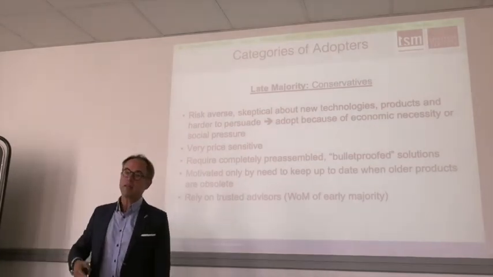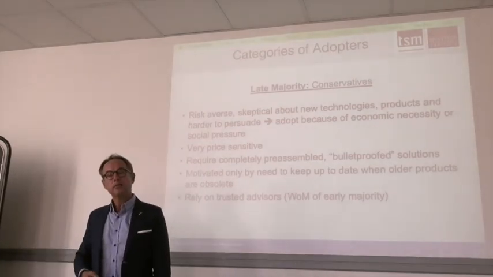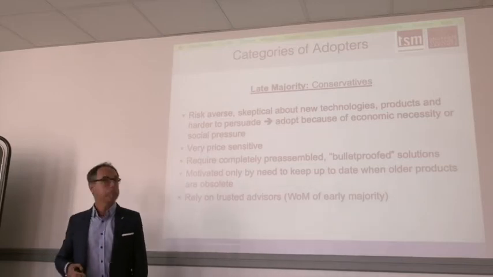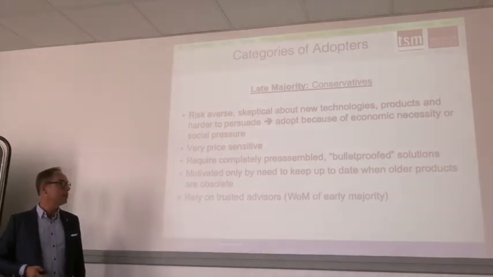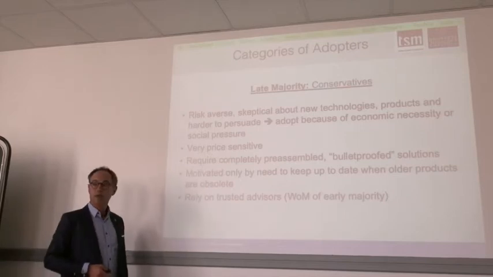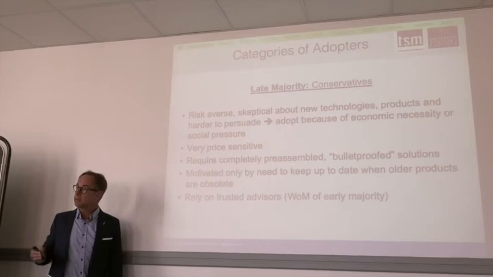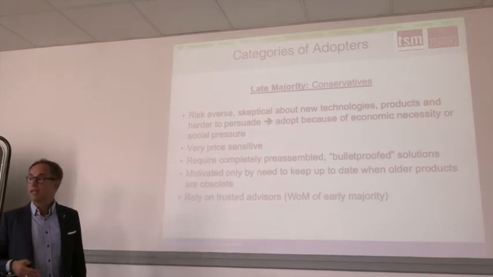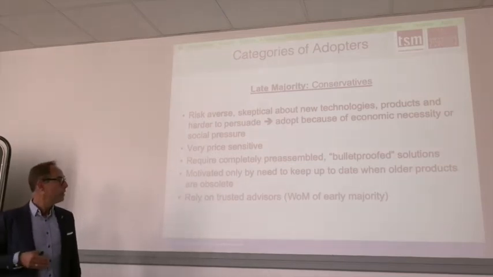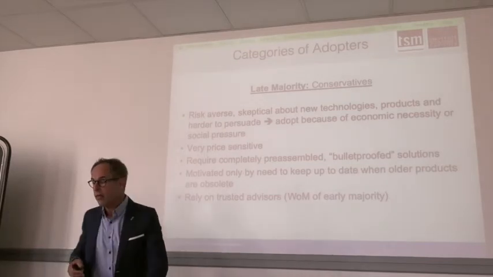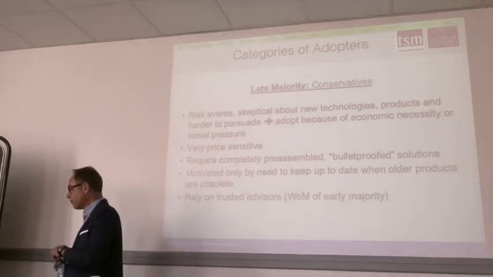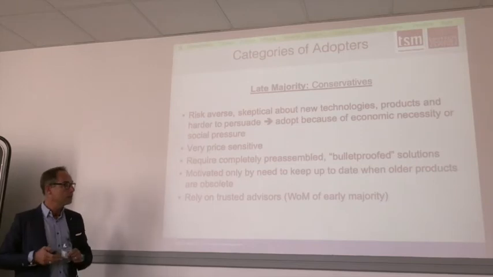Every technology, once it goes on the mass market, decreases in terms of pricing level. They're only motivated by the need to keep up to date when older products are obsolete, and so by economic and social pressure or technical pressure, they adopt because they cannot do anything else. It's important to convince them through word of mouth from their colleagues and friends.